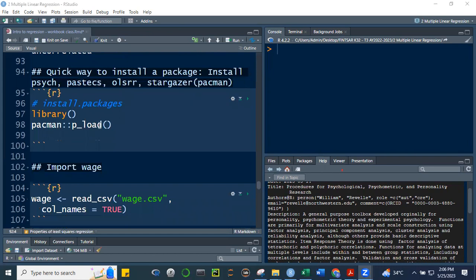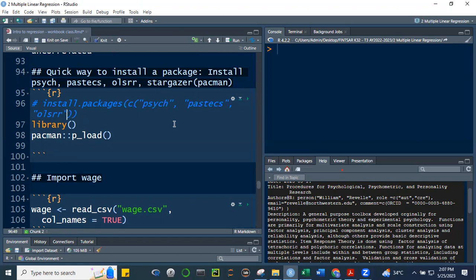Alright, sige. So, ang ginagawa natin dati, di ba, install.packages. And then, how do you do this? C, kasi marami sila. And then psych, close quotation, and then pastecs, close quotation, and then OLSRR, and then Stargazer.